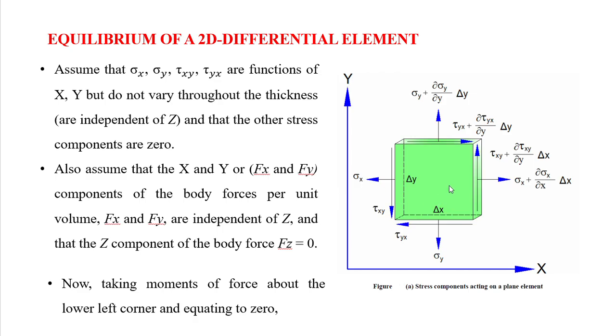In the z direction, the outward direction, the force fz will be zero. The applied force will be zero. Because of negligible thickness, we take stress as zero in the z direction, and if stress is zero, then force will also be zero.